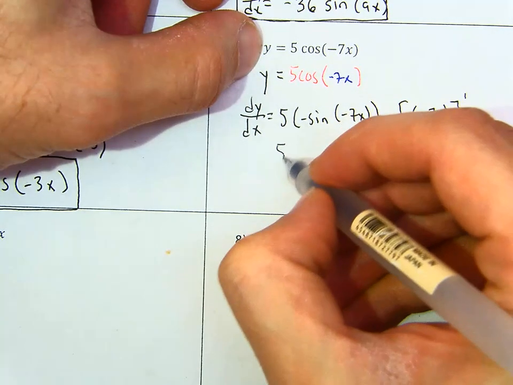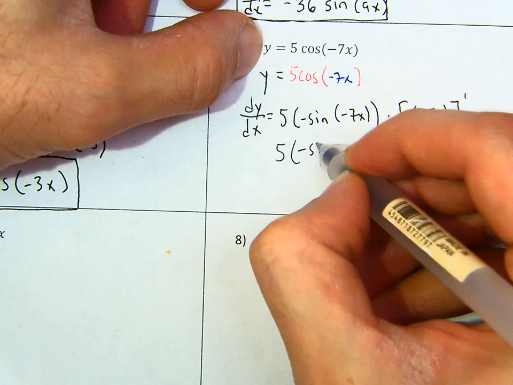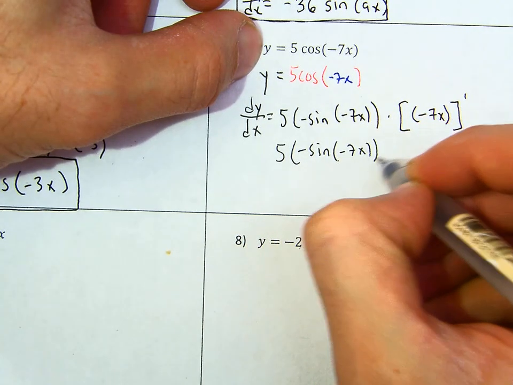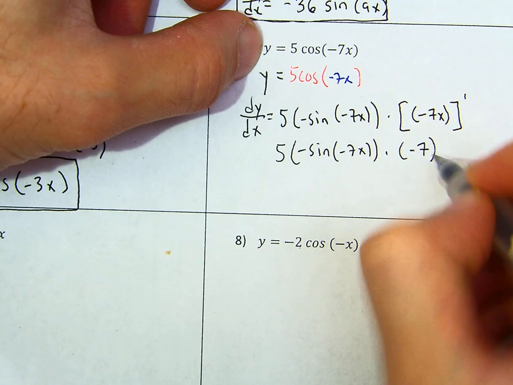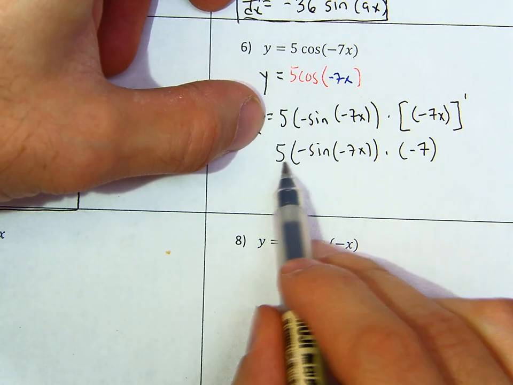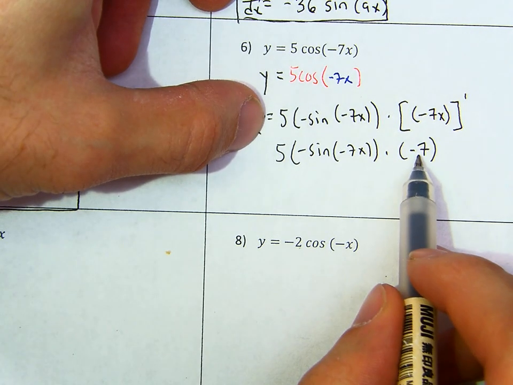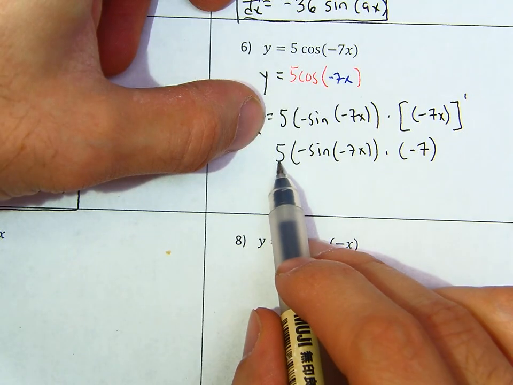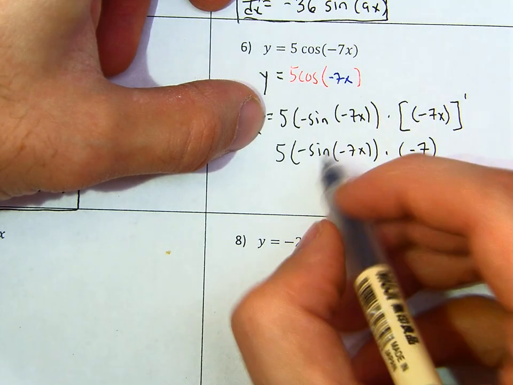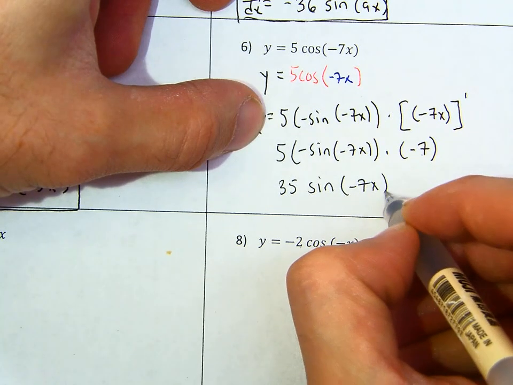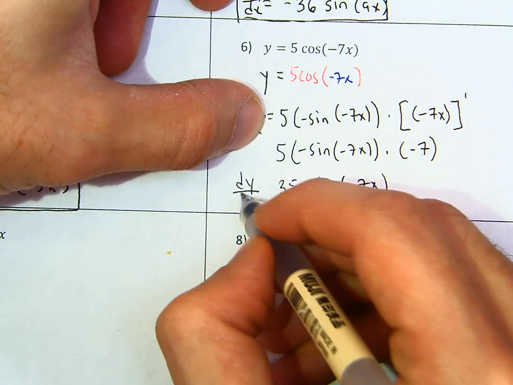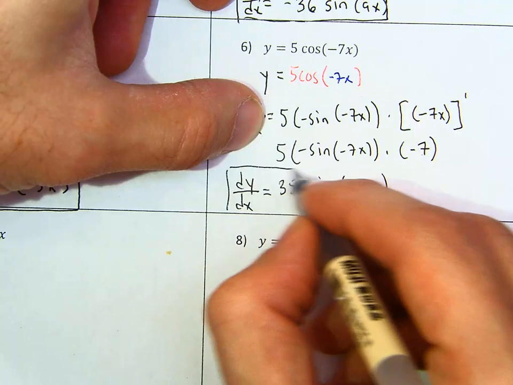Okay? So 5 times the negative sine of negative 7x times the derivative of negative 7x, which is negative 7. And then here, just put it all together. 7 times 5 is 35. But the negative times the negative, so this is positive 35 sine negative 7x. And this is dy/dx.